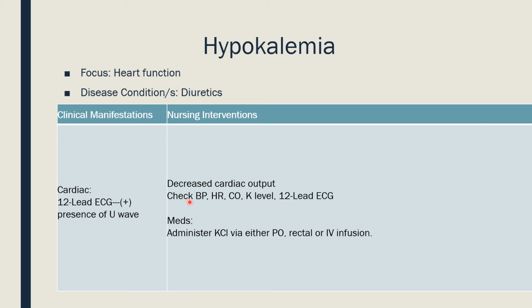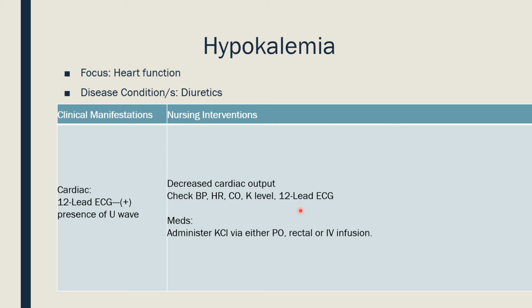So again, you want to make sure that you check their blood pressure, the heart rate, because again, our focus is cardiac. You want to check the potassium level of the patient, or if the patient is taking other drugs like digoxin, that might also have an interaction with hypokalemia because that can predispose them to develop digoxin toxicity.